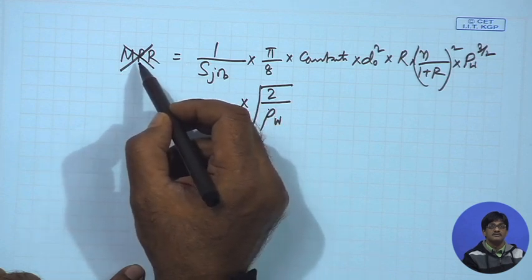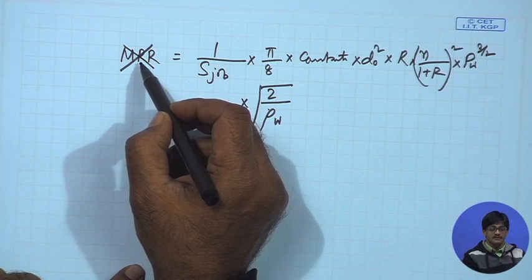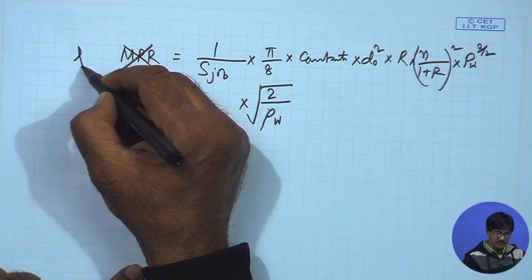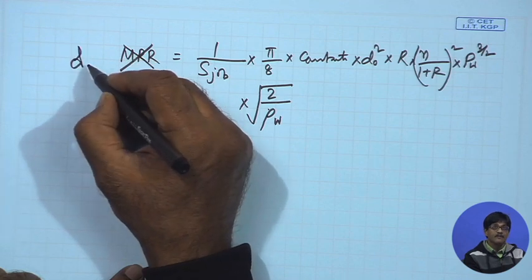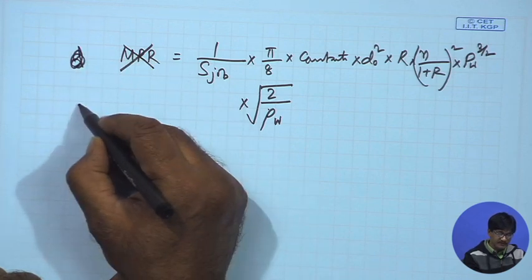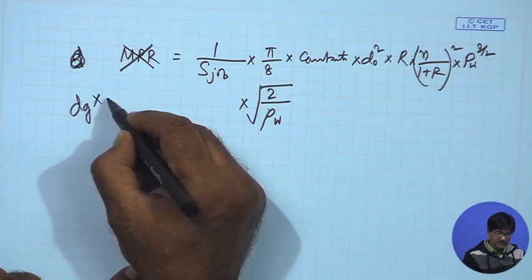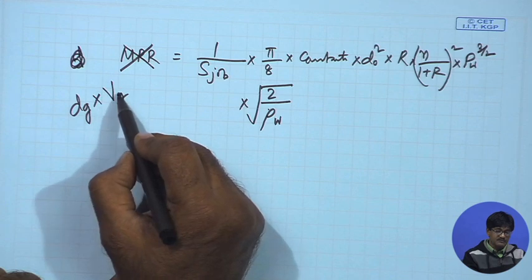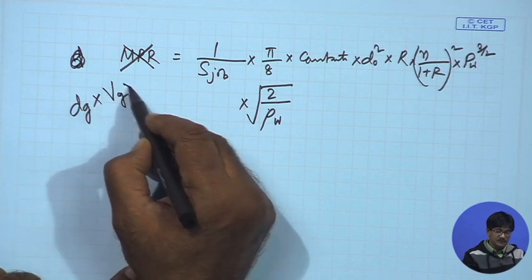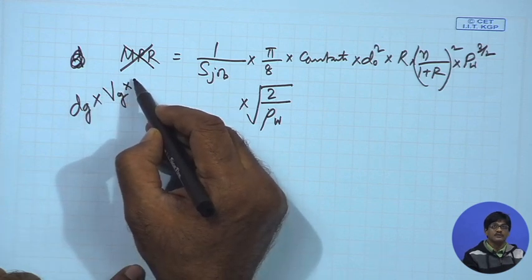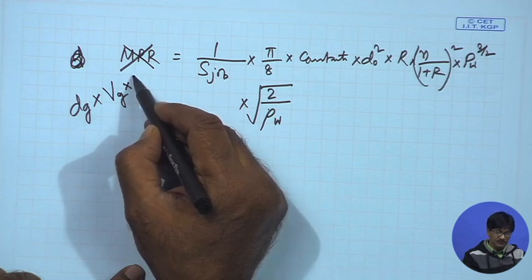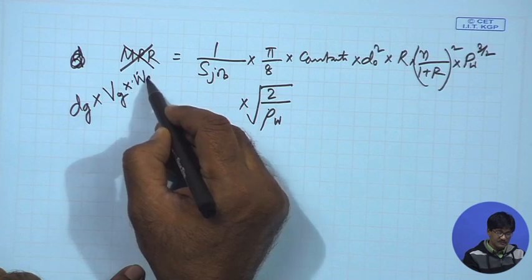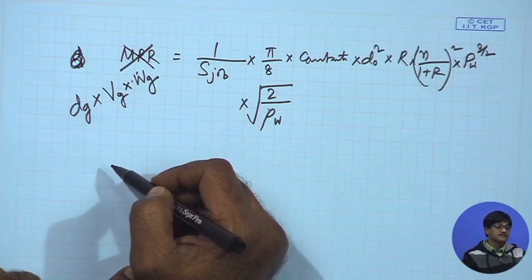This is volumetric material removal rate, and this must be equal to the grooving depth dg multiplied by vg, the velocity of grooving, and the width of groove, wg.